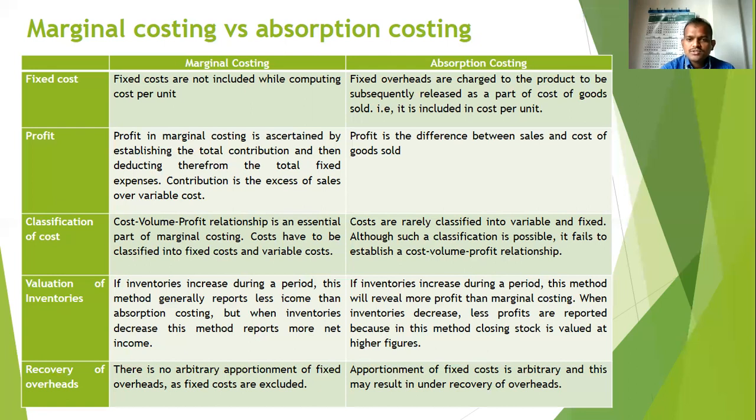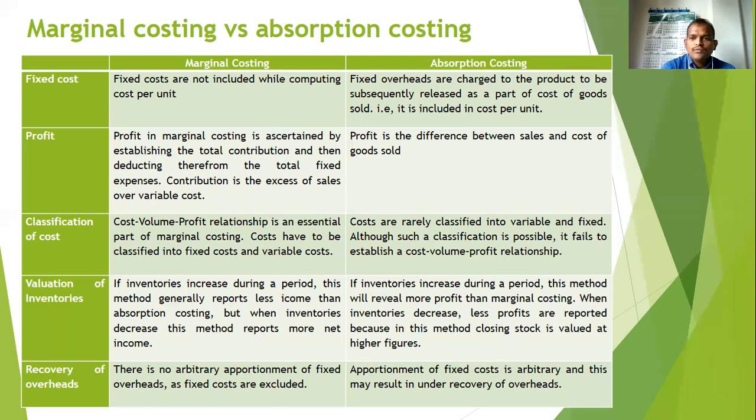Coming to absorption costing, if inventories increase during a period, this method reveals more profit than marginal costing. When inventories decrease, less profit is reported because in this method closing stock is valued at higher figures.